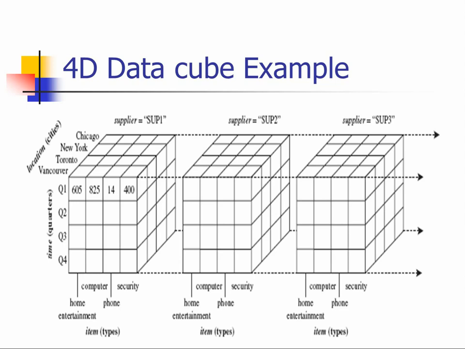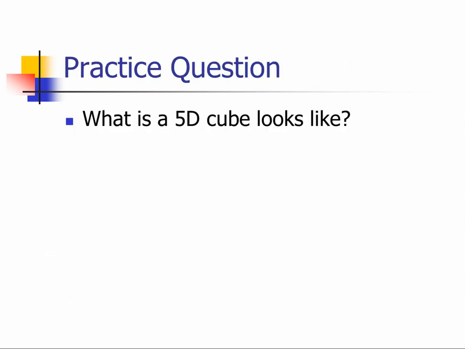And of course, a five-dimensional data cube would be additional layers of information. Say I want to add a fifth dimension with two possible values. Then you will have two of the four-dimensional data cubes I showed in the previous slide, putting them together and forming six data cubes.